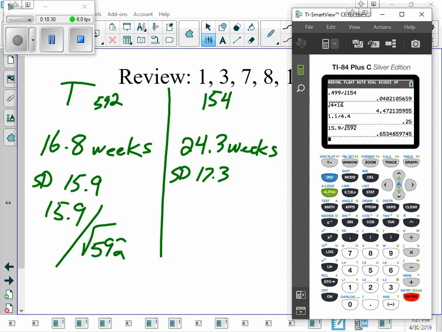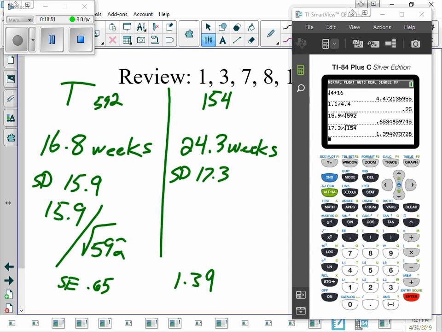And I get 0.65. So my SE is 0.65. And then I take 17.3 and divide that by the square root of 154. And I get 1.39. Now what?